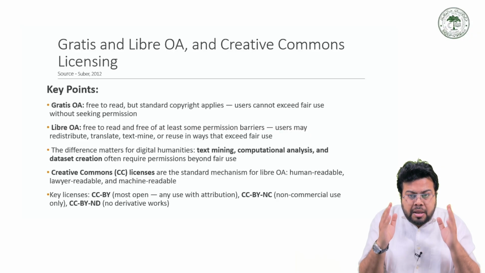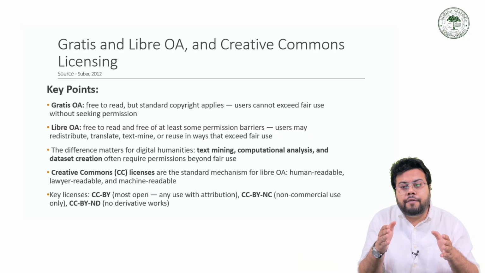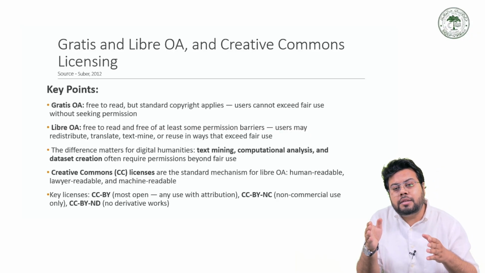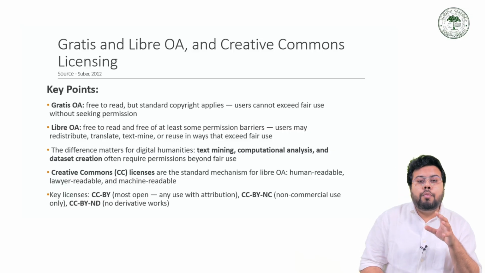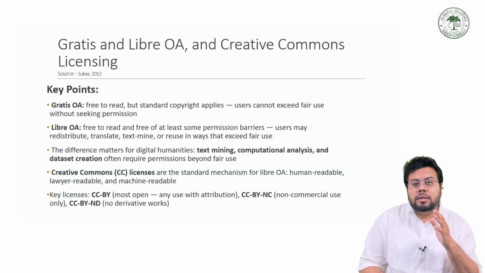Think about what this means for your research if you want to build a corpus of text for a computational analysis. You need libre open access, not just gratis. This is why Creative Commons licenses matter so much in digital humanities work specifically. CC BY is most permissive and widely recommended, and it allows any use as long as you attribute the original author.